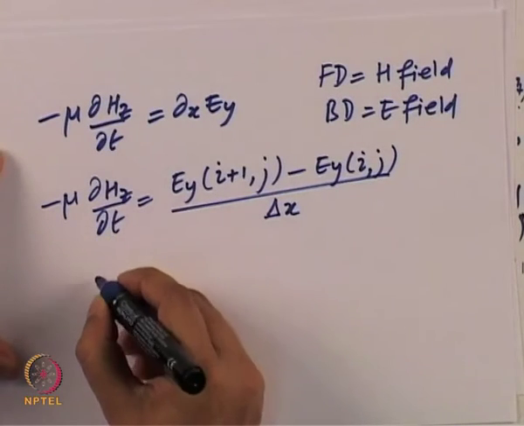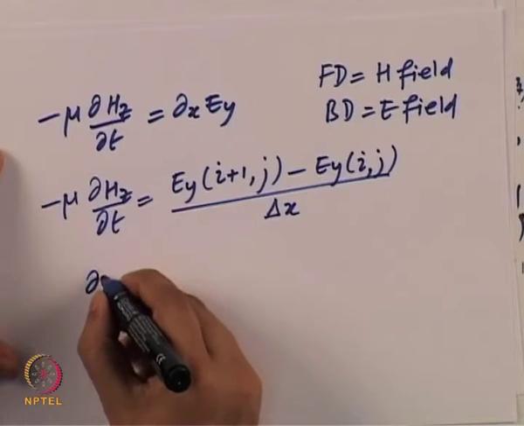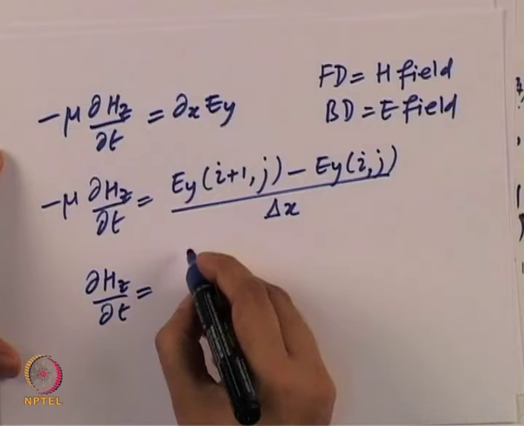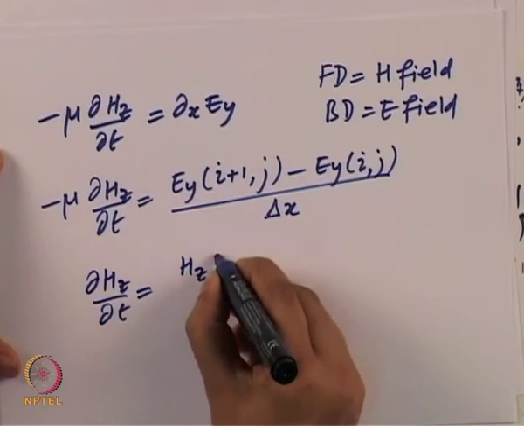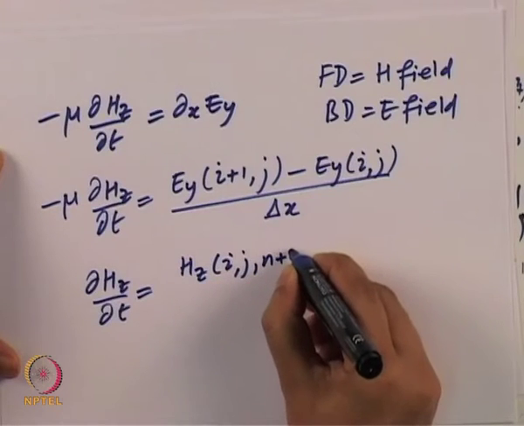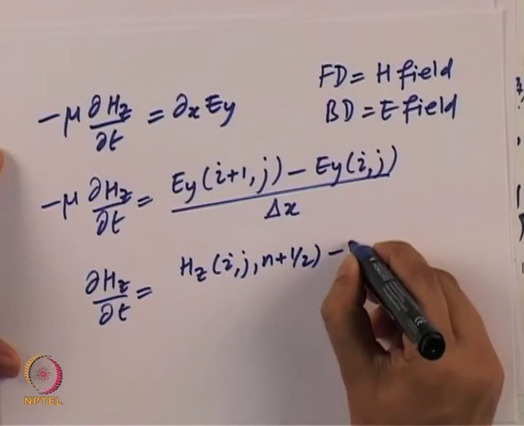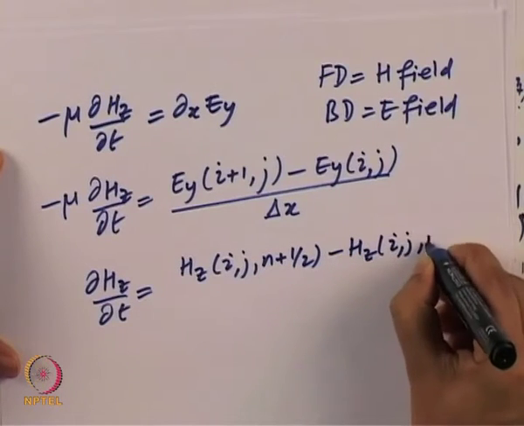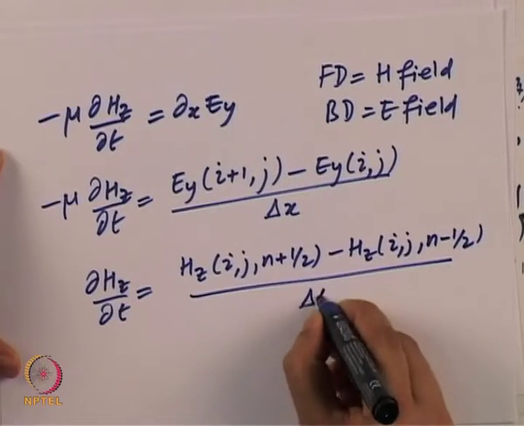and the time stepping is going to be given by dou Hz by dou t, which can be written as Hz(i, j, n plus half) minus Hz(i, j, n minus half) divided by delta t.